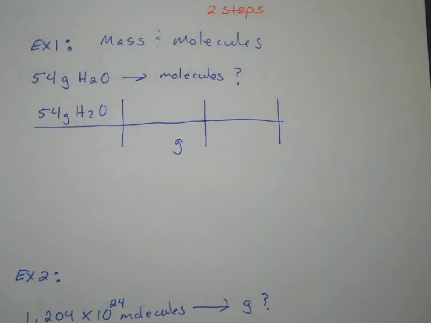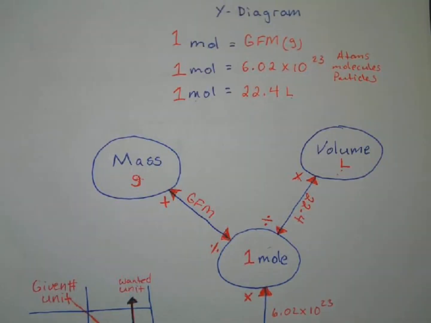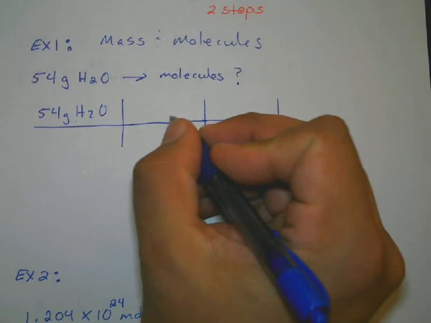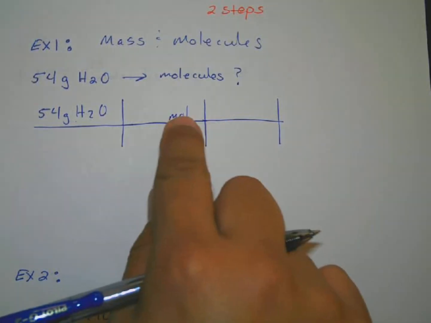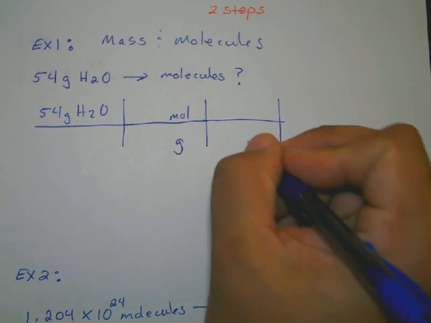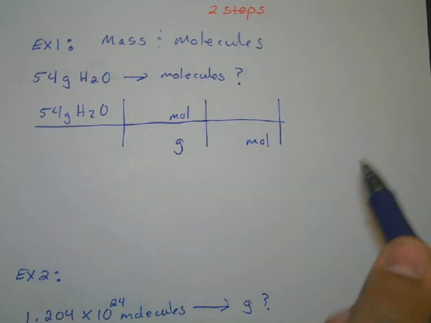Now, if we're not in moles, remember what I told you: you always convert to moles first. And on that mole diagram, we have to go from mass to moles anyway. So we're going to go to moles. Same thing with this box: whatever is up here goes down there, so I'm going to put moles here. And finally, where did they want me to go?